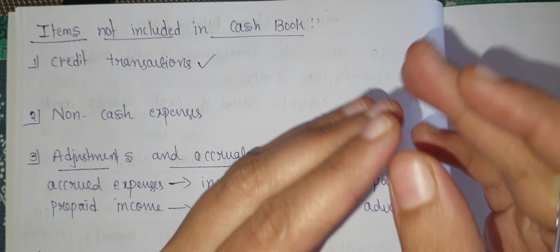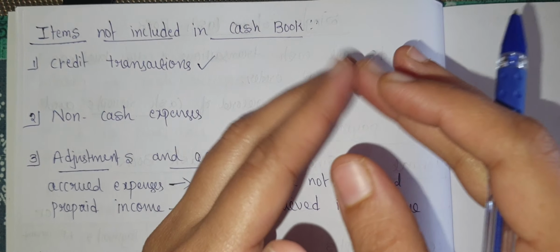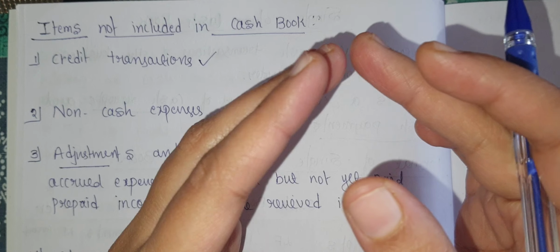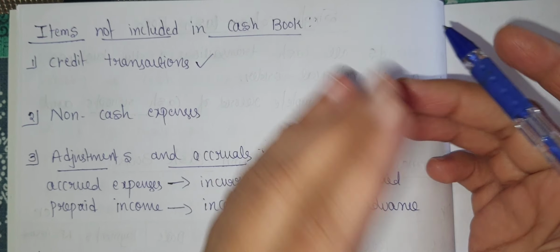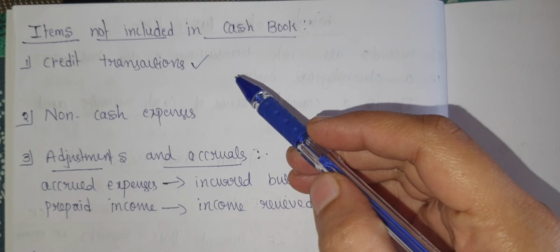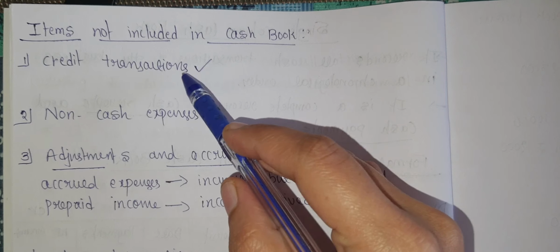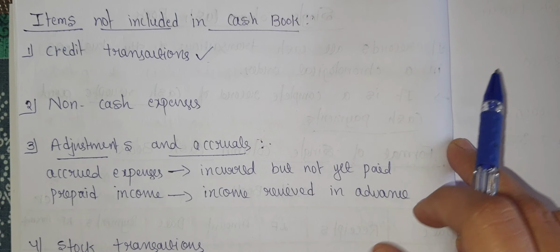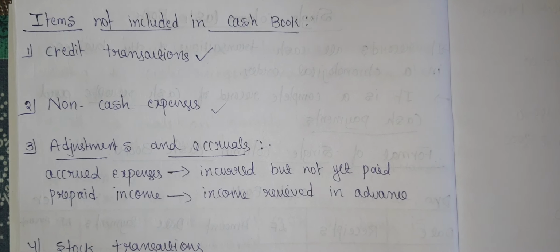Here they are purchasing the goods on credit, means they will make the payment at a later date. They will not immediately pay the amount. So in the cash book, credit transactions are not included.